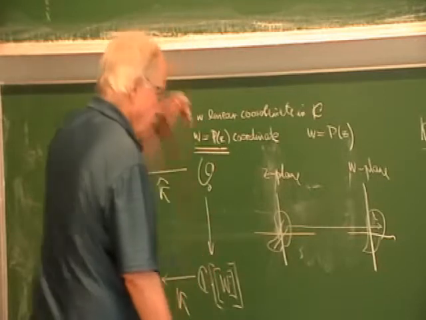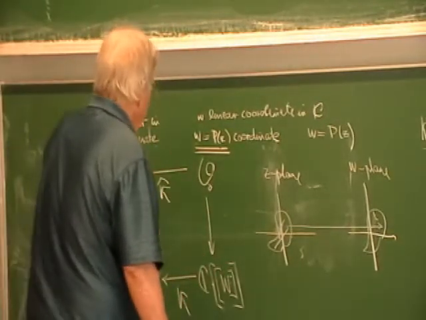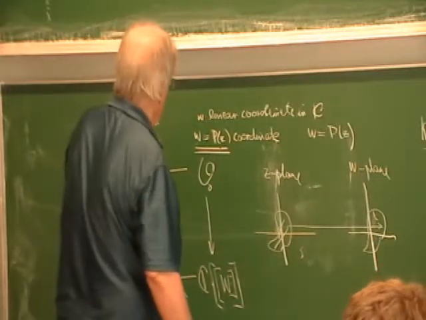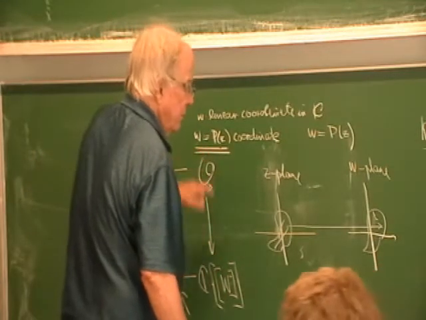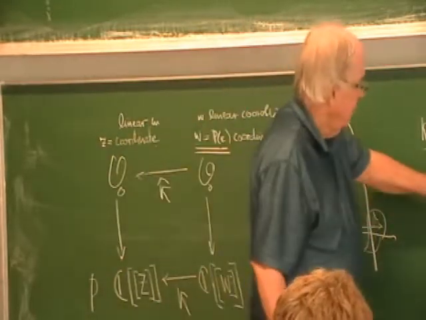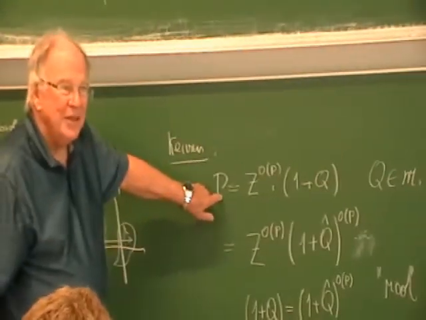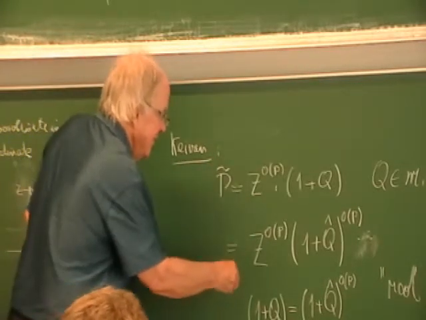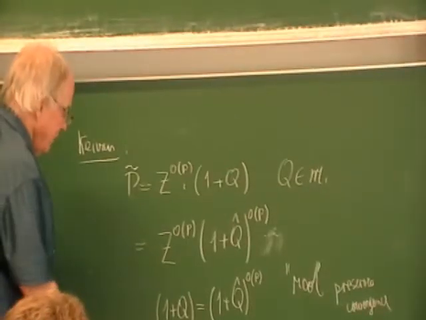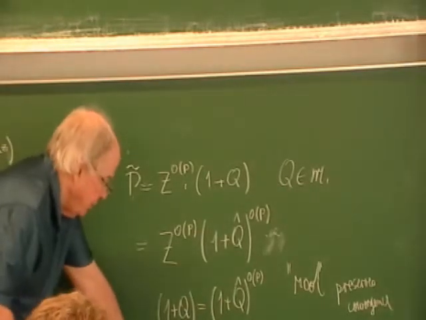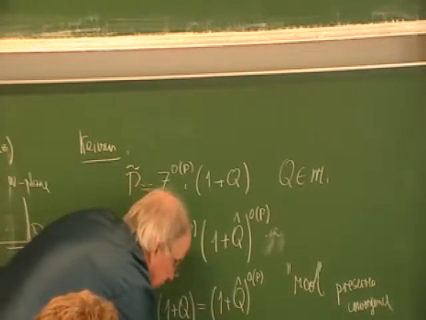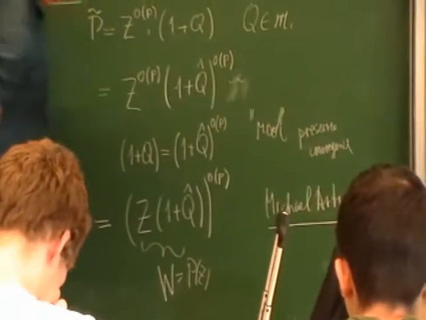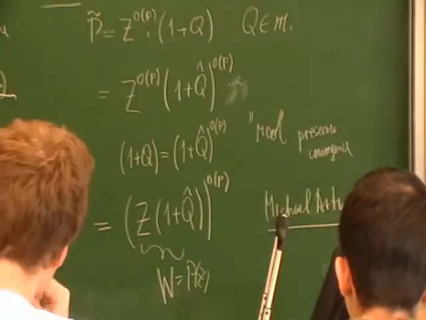In this place, this thing is just P to the N. So this is not the same P. I mean, this is some given P. Let's call that P. Okay. So here's W. So W equals P of Z. You get what I'm talking about?